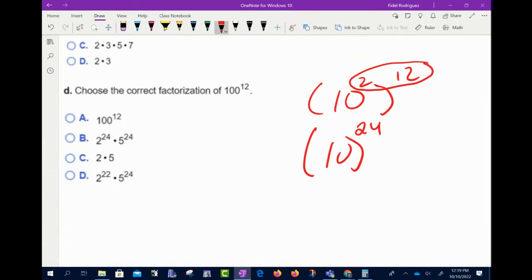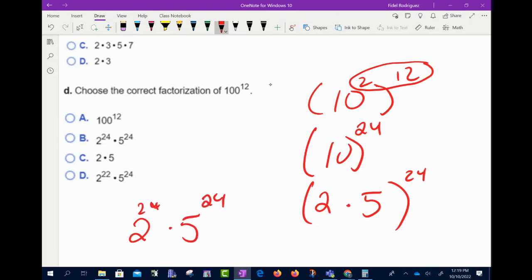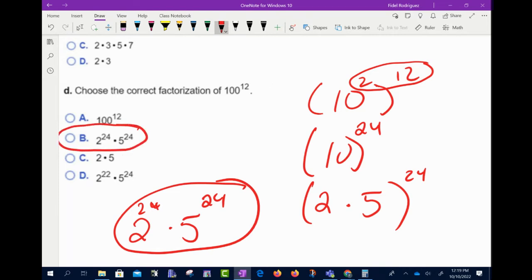Now I want to see if I can break down the number 10. What two numbers multiply to 10? 2 and 5, right? And then there's a rule on exponents, y'all, that says if you're multiplying two numbers together inside and there's a power, you can just raise each of those to that same power. So I have 2 to the 24th and 5 to the 24th. And here is my answer.